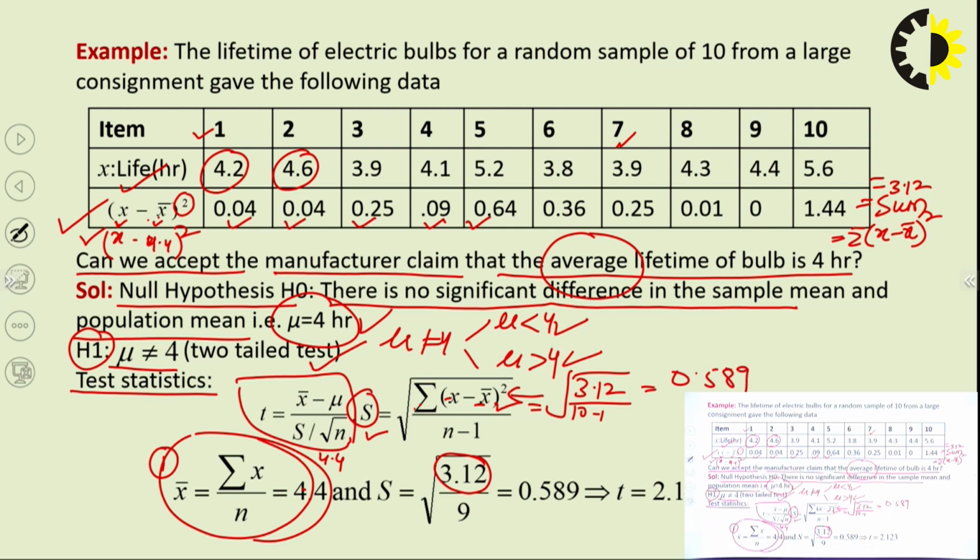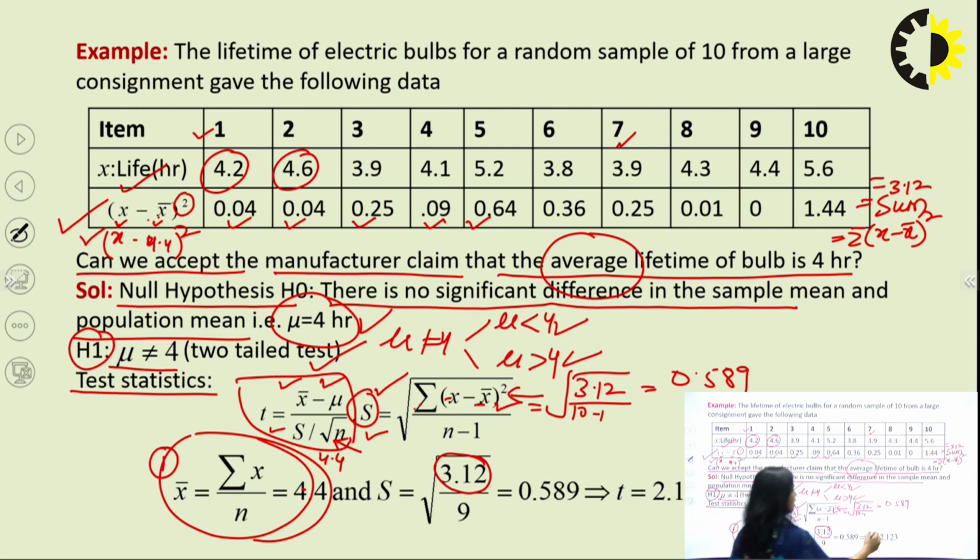So first of all, you find capital S. Now put the values of S, the sample mean and population mean, and the sample size in the t-test statistic formula.